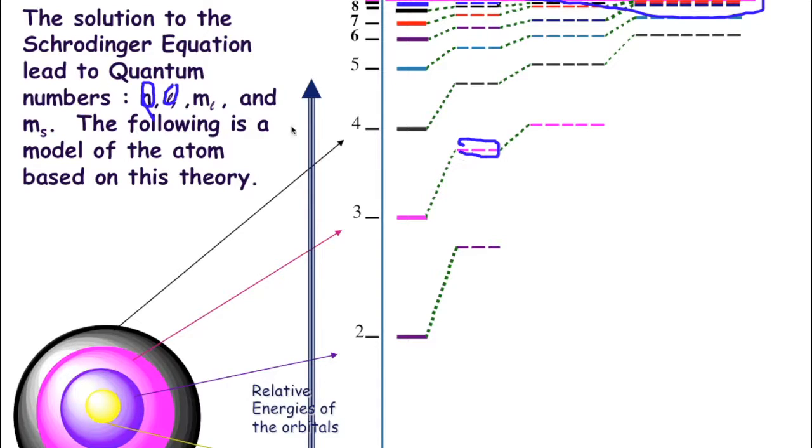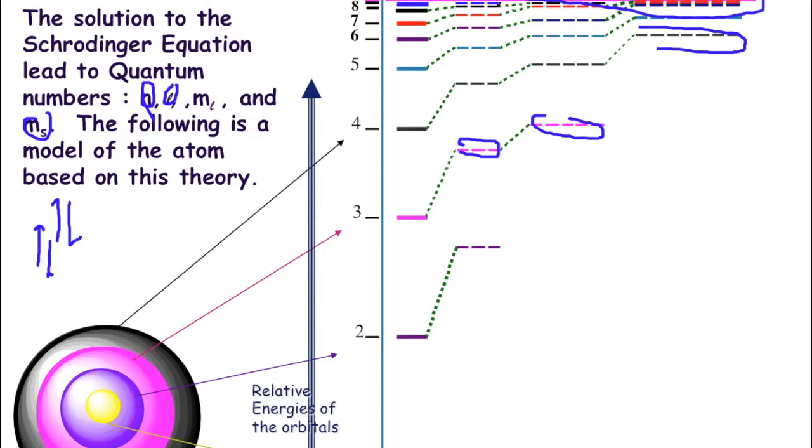For p there's 3. For d there's 5. For f there's 7. And then the m sub s tells you the magnetic spin quantum number, and that tells you whether the electrons are spinning clockwise or counterclockwise, and we depict that by either a right side up arrow or an upside down arrow.